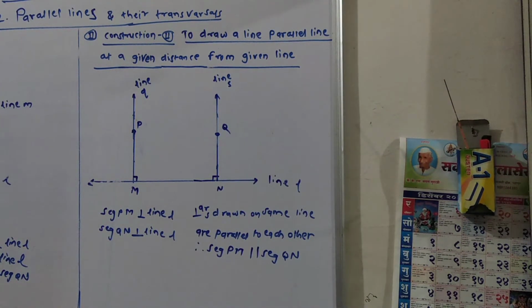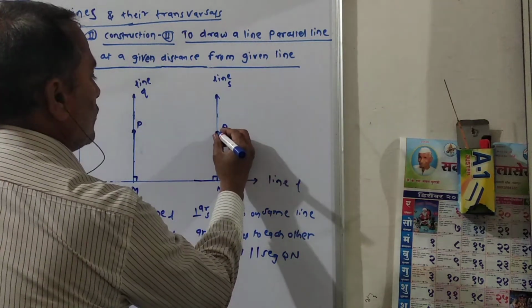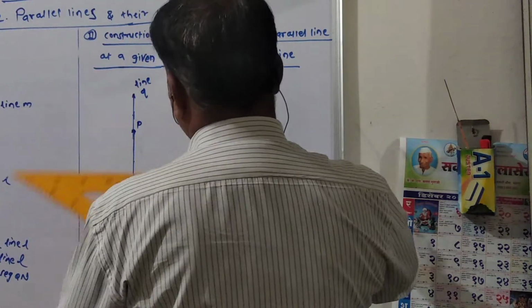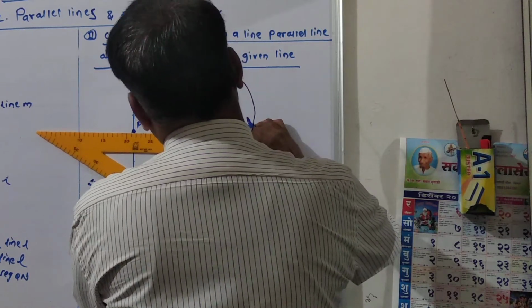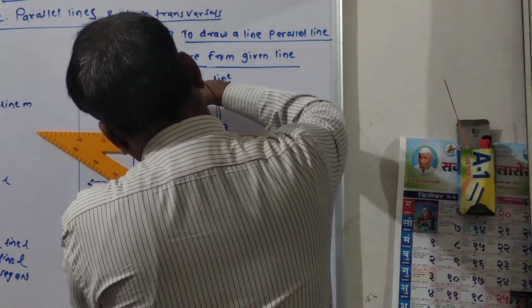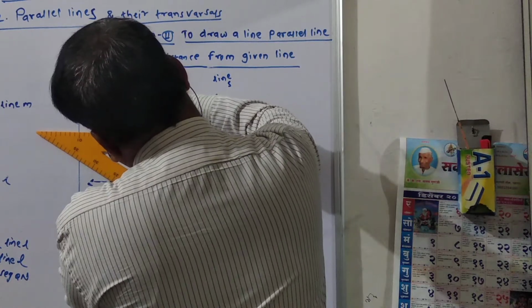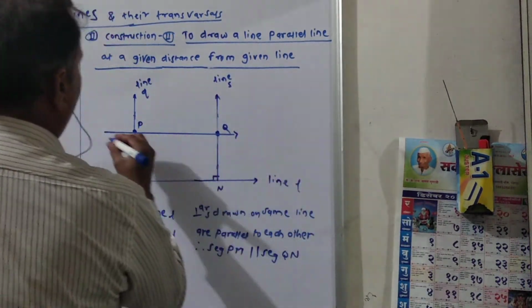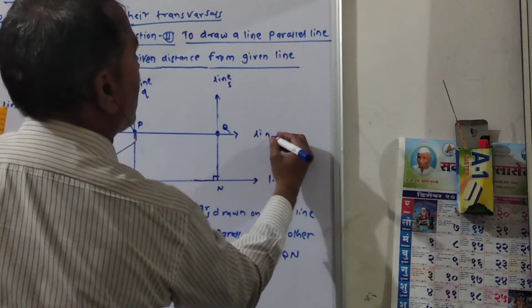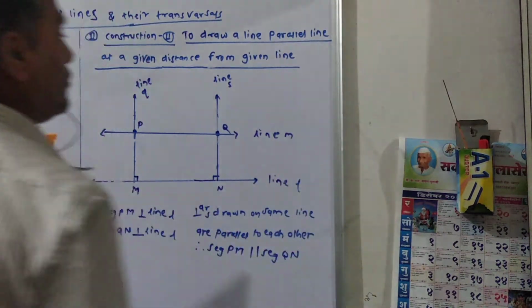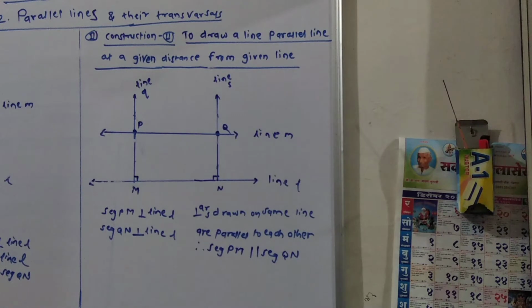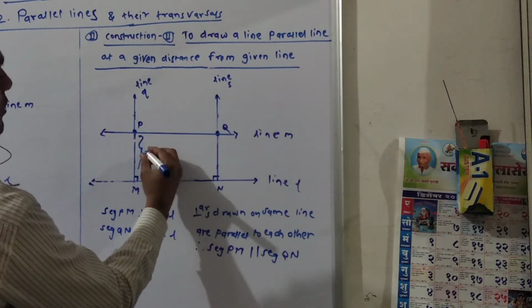By joining the same points P and Q, we get the parallel line. Name it as line M. Now if we measure this distance, it is 2.5 centimeter.